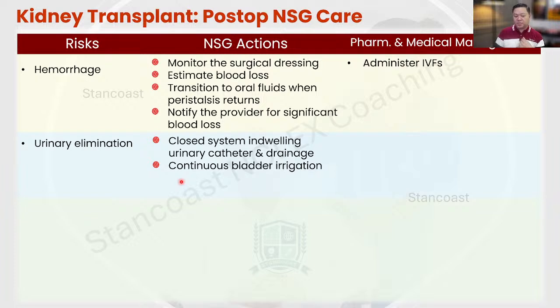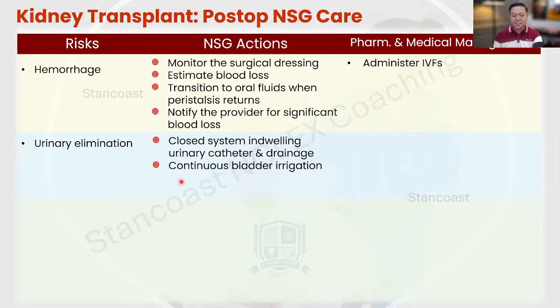And so this is not going to allow you to do the irrigation. So most of these patients will be sent to the PACU with a three-way catheter. So most of these patients will come back already with the CBI, the continuous bladder irrigation.